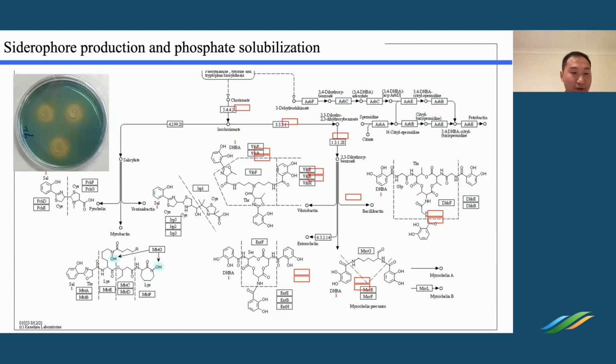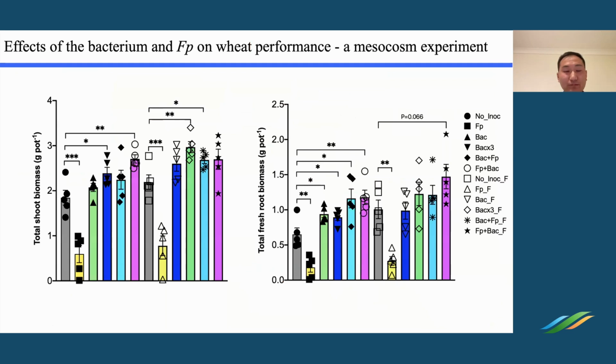Similarly, we also found it has the capacity to solubilize phosphate on agar plates, suggesting that it also has the potential to promote plant growth by directly adding nutrient availability to the wheat plant. So now we have identified an effective bacterial strain and also a good plant disease model system. Then we can investigate the colonization process and how it impacts wheat plant growth.